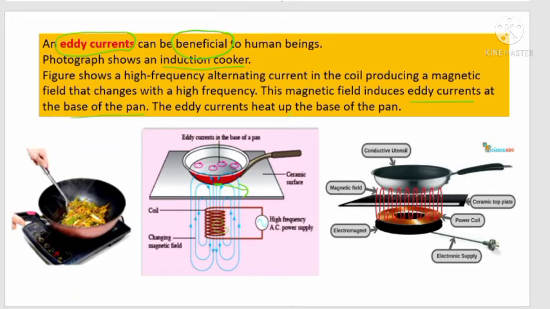Thus, eddy current heats up the base of the pan. So this is the beneficial part of the eddy current. Not all the material of the pan can be heated up by using eddy current. It's just limited to materials related to ferromagnetic material.